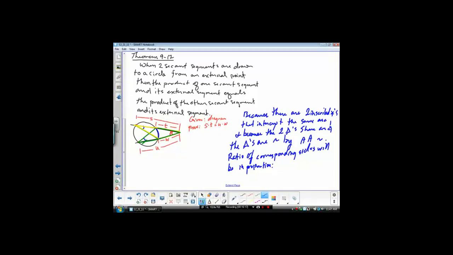And our corresponding sides in the green triangle, T corresponds to W in the yellow triangle. And then in the green triangle, U corresponds to S in the yellow triangle.